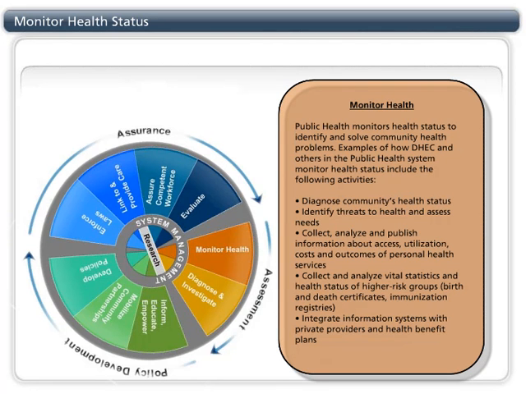Examples of how DHEC and others in the public health system monitor health status include the following activities: diagnose community's health status, identify threats to health and assess needs, collect, analyze, and publish information about access, utilization, costs, and outcomes of personal health services, collect and analyze vital statistics and health status of higher risk groups, birth and death certificates, immunization registries, integrate information systems with private providers and health benefit plans.